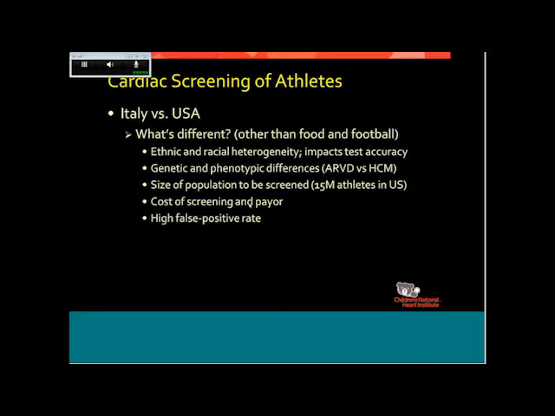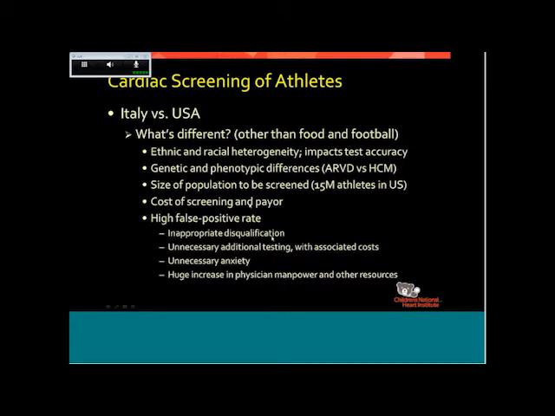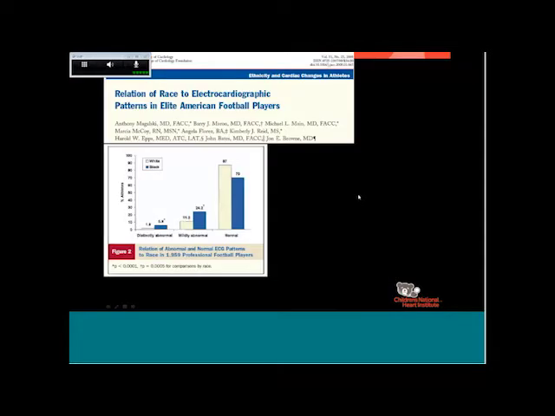And due to all of these issues, particularly the ethnic and racial heterogeneity, there's a high false positive rate in the U.S., which may lead to inappropriate disqualification, unnecessary additional testing with those associated costs, unnecessary anxiety in the family and the athlete, and a huge increase in physician manpower and other resources to be able to screen these 15 million athletes.